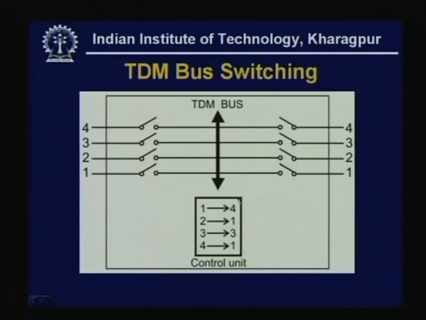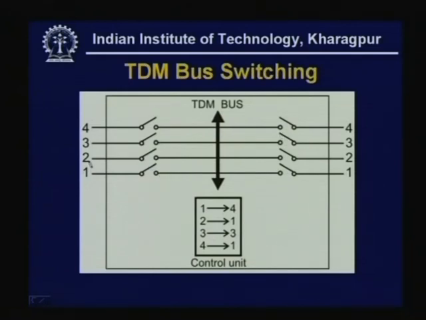Another alternative is the TDM bus switching. Here we use a high speed bus, and the data comes at slow speed and is then connected to the high speed bus. For example, whenever this switch is closed, 1 to 4.